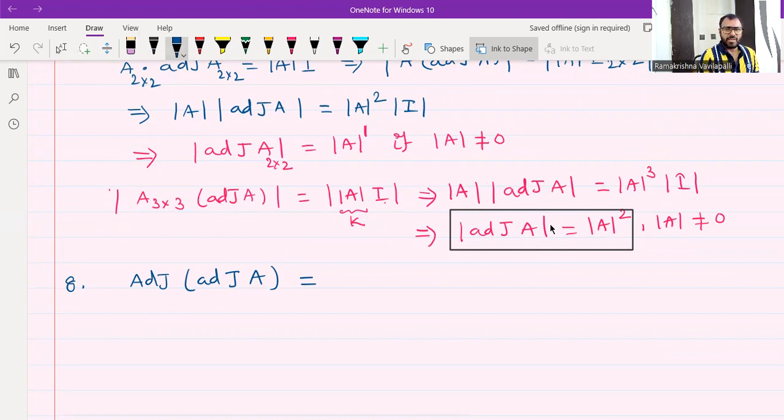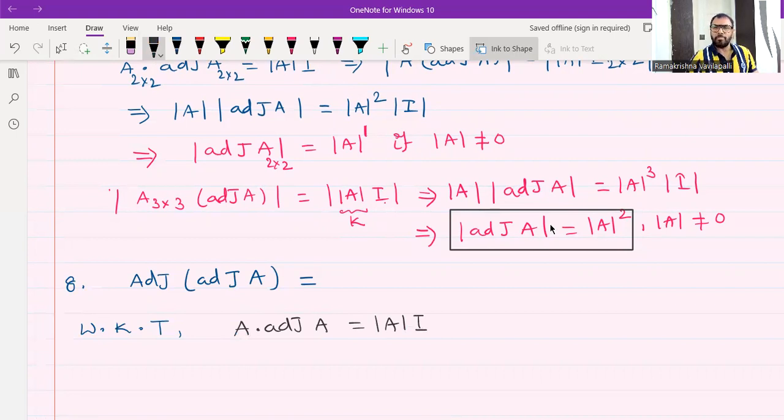Now, we know that A into adjoint of A equal to det A into I. Okay.